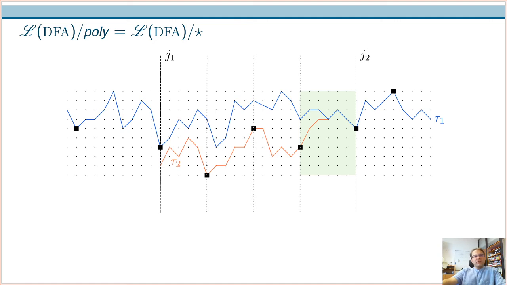So imagine we have a deterministic automaton that works with some advice, maybe very long advice, and then in the computation, if some states are repeated, then we can cut out this part of the advice and shorten it, retaining the same computation.